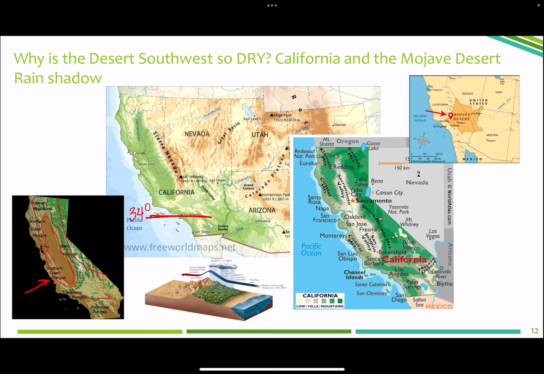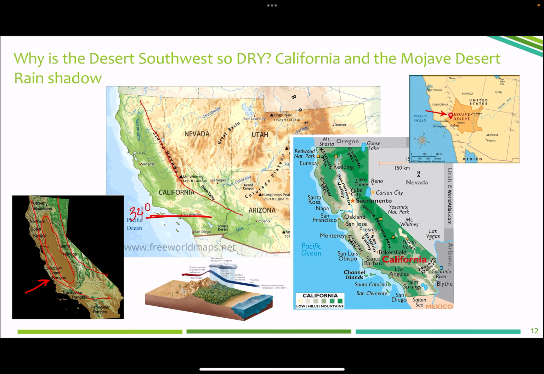Farther inland, though, we have the Sierra Nevada, which are very tall mountains, very high mountains, and it's a very long mountain range. Up farther north, we have several different mountain ranges in California, all of which act as a rain shadow for the rest of the Southwest. So everything behind that Sierra Nevada mountain range is essentially in a big rain shadow from those California mountains.